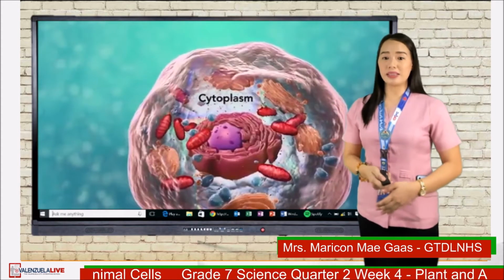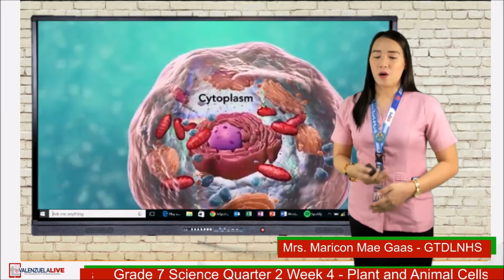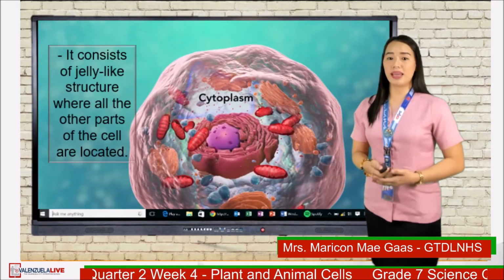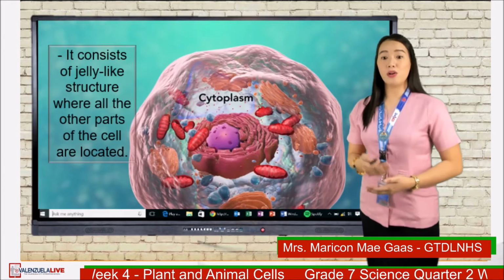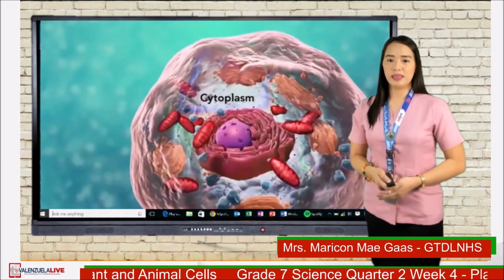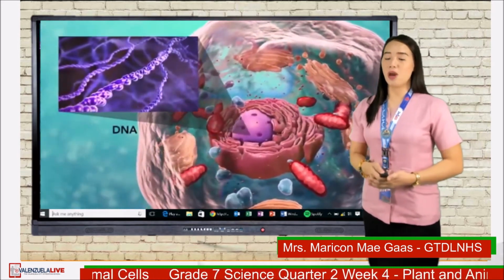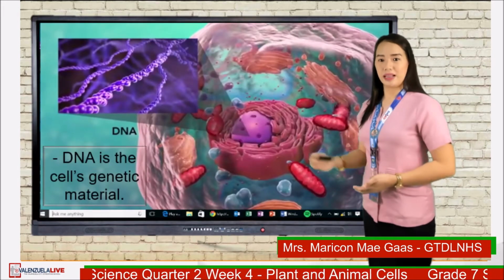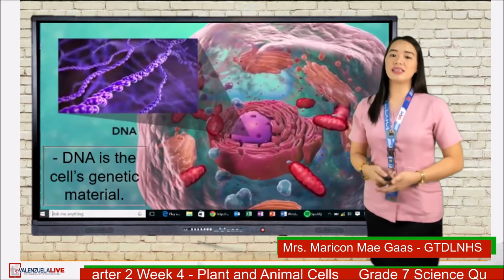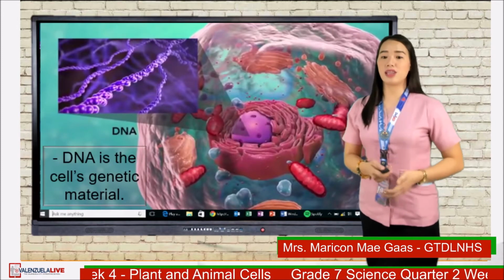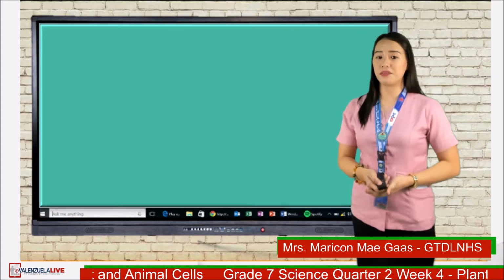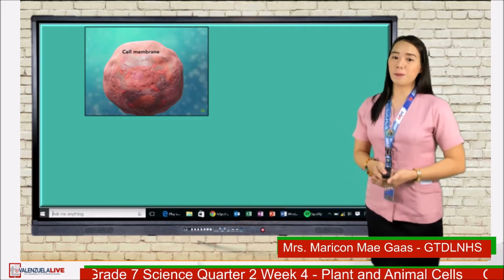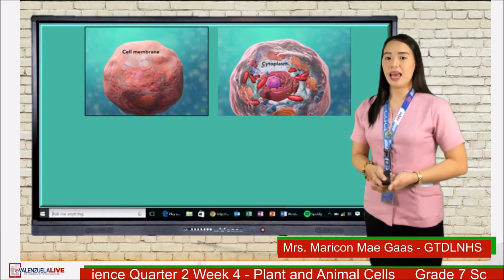The cytoplasm is a gel-like structure where all the other parts of the cell are located. And the DNA, which is the cell's genetic material. These are the three things in common for all types of cells: plasma membrane, cytoplasm, and DNA.